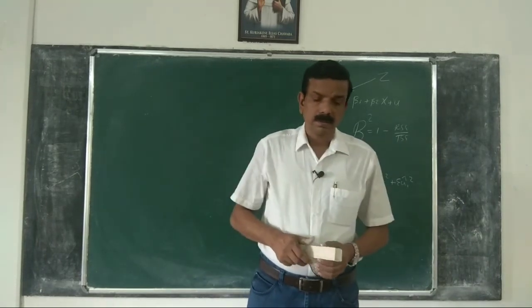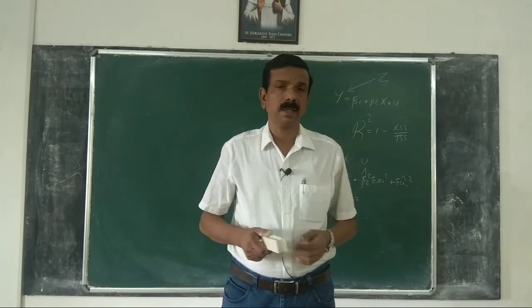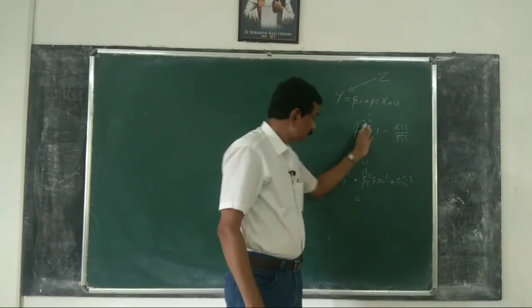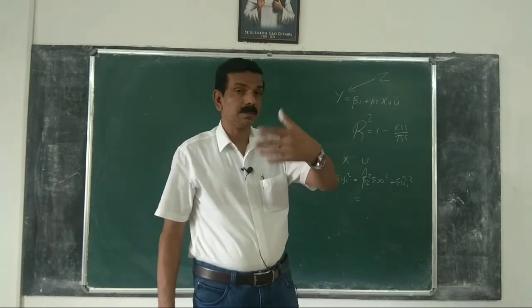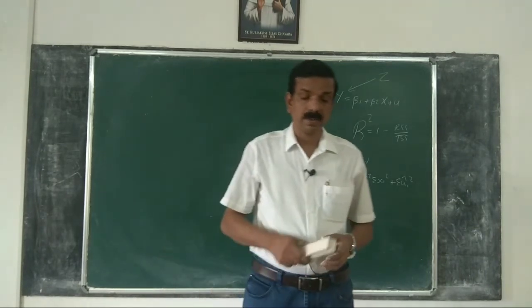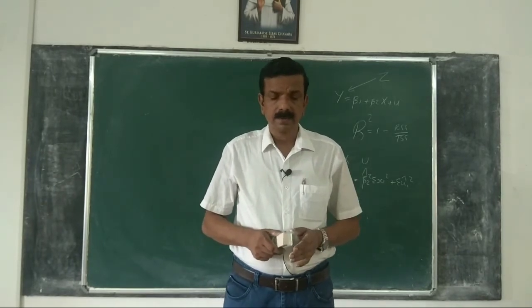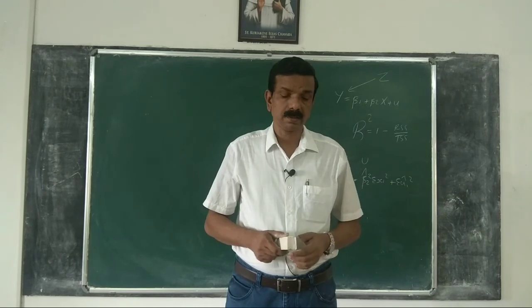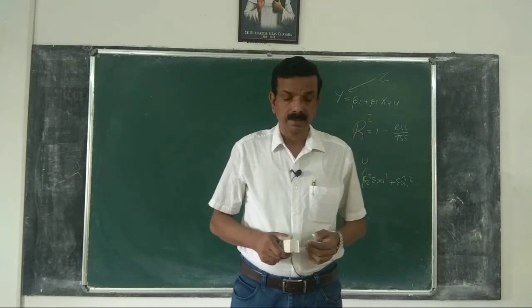Now the point is this. If our aim is to produce large R square values, then always use OLS. If your aim is to produce R square, use OLS. Instrumental variable method is used to provide better estimates when X and U are correlated.